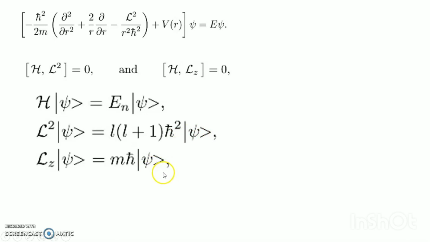We subscripted the energy eigenvalue with an n, because that is the symbol conventionally used for the energy quantum number for particles in a box and the SHO.